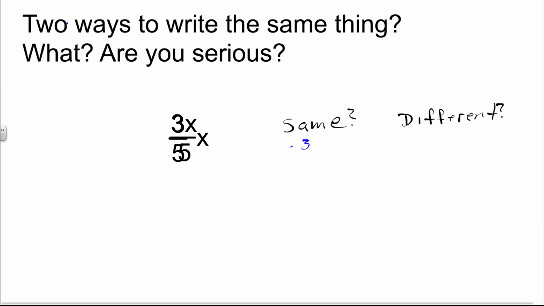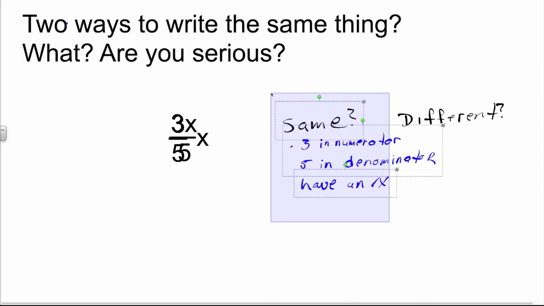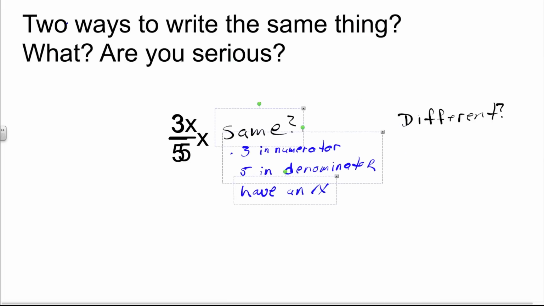They have a 3 in the numerator, and they have a 5 in the denominator, and they also have an x. So that's how these two expressions are the same.